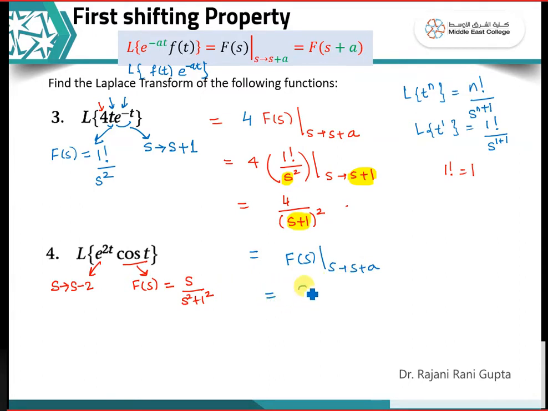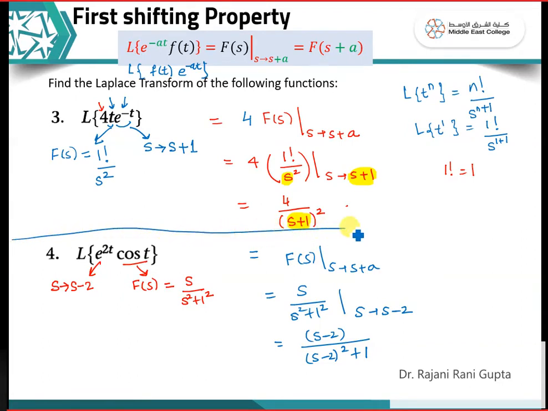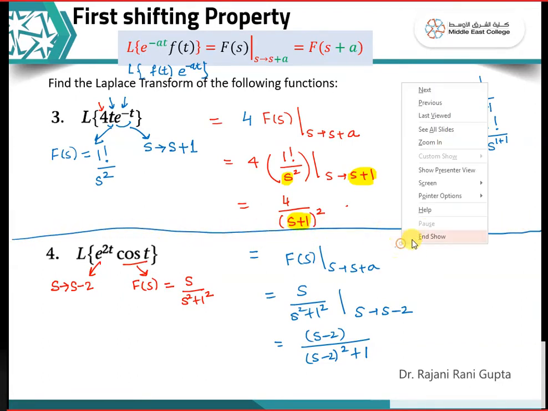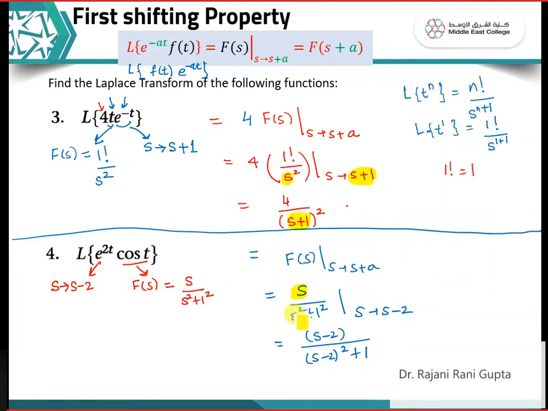This gives you s over s square plus 1 square, where s is replaced by s minus 2. So this gives you s minus 2 over (s minus 2) square plus 1. Okay, so this is how we work with this formula. I hope now it's clear. s minus 2 is changed here.